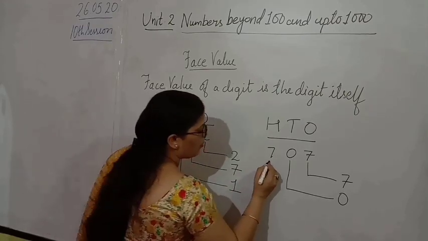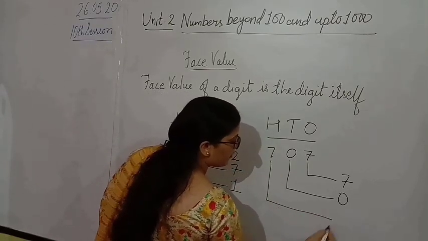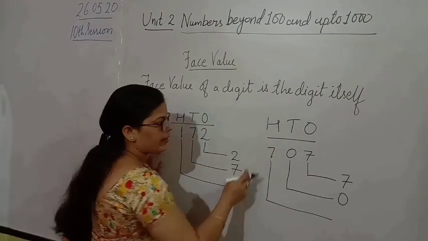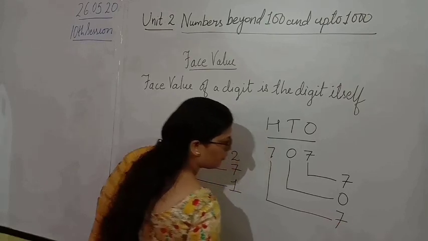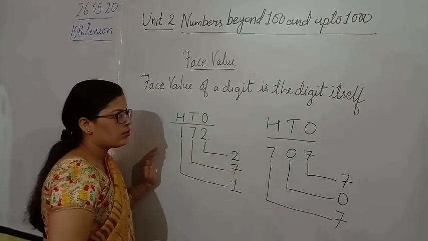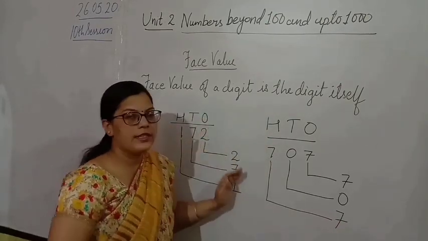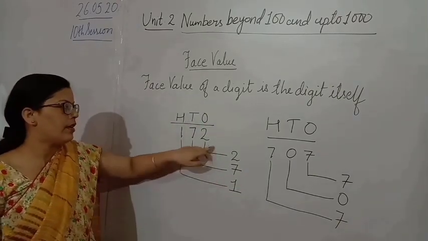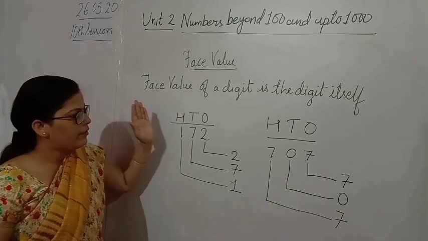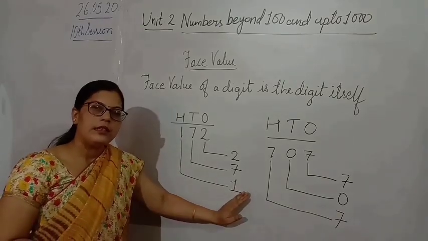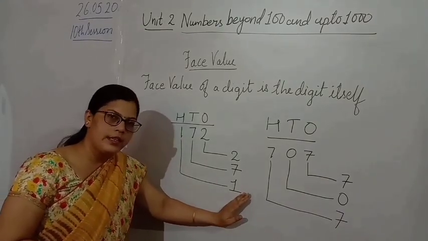Now face value of 7 will be the number itself, that is 7 itself. So face value of a digit is digit itself. Whether it is at ones place, tens place or hundreds place, the value will be the digit itself, the number itself.